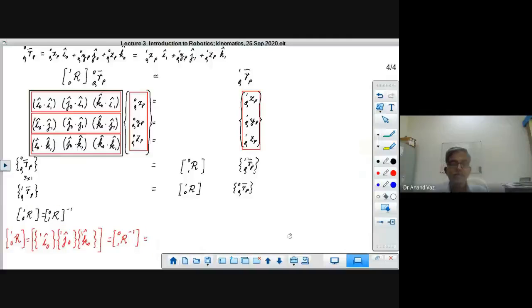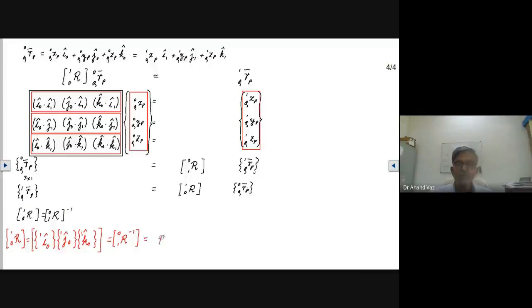So it is just the transpose of R 0 to 1. Isn't it very interesting? This is just the transpose.